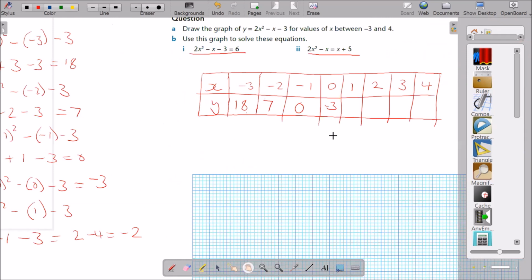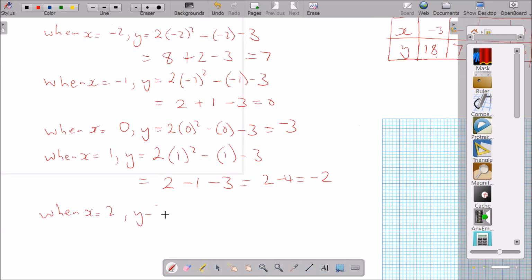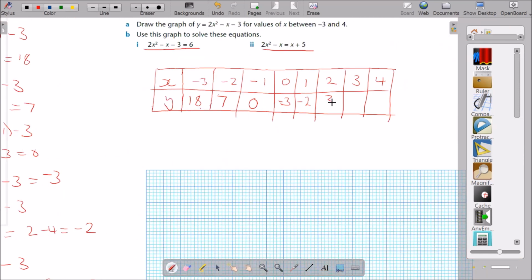So there we have minus 2. When x is 2, y is equal to 2 times 2 squared minus 2 minus 3, which is 2 times 4, which is 8, minus 2 minus 3, which is 8 minus 5, which is 3. So here we have 3.